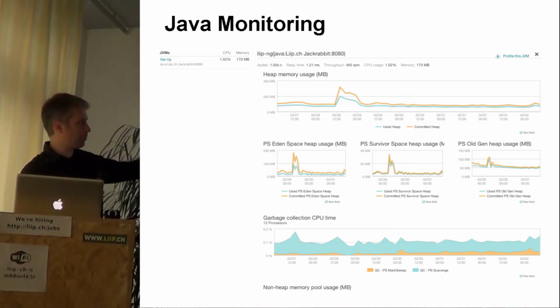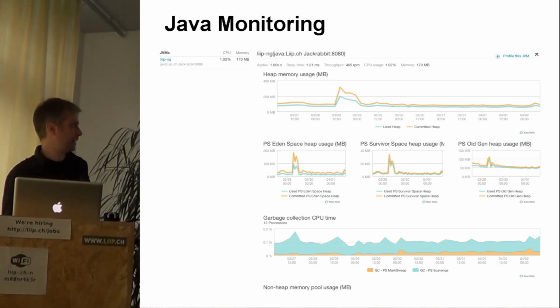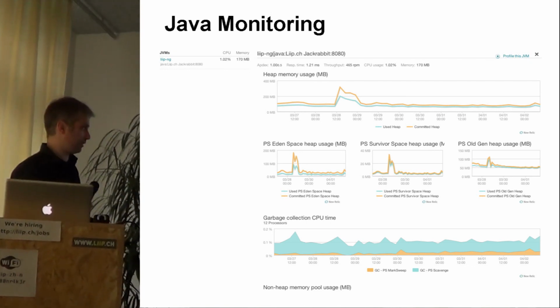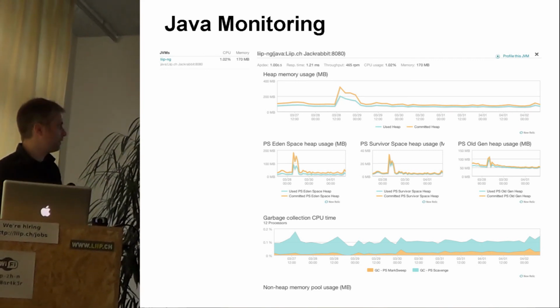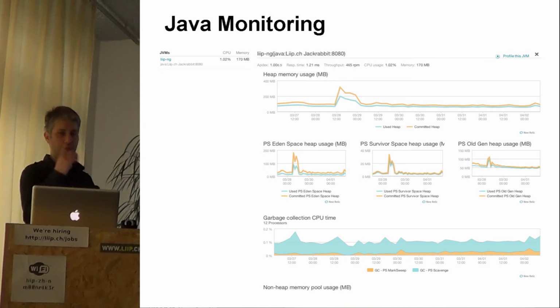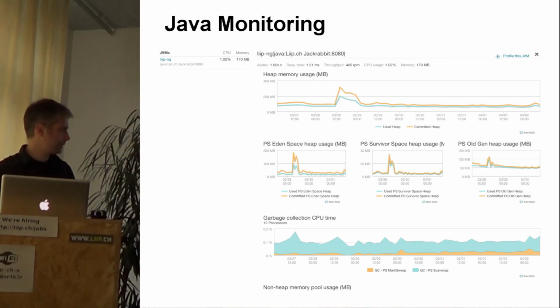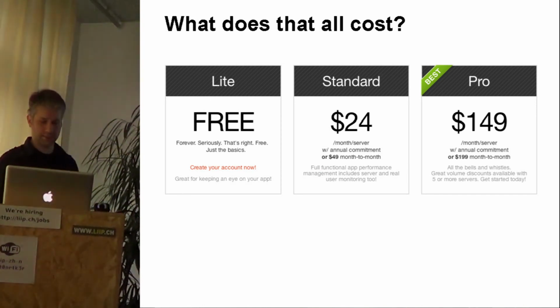You can also profile your JVM. I started it once, I had no idea what to do with it, but it works. They also have a Solr package, so you can see how many queries and which queries take how long. Quite useful. Yes, that's the feature set.